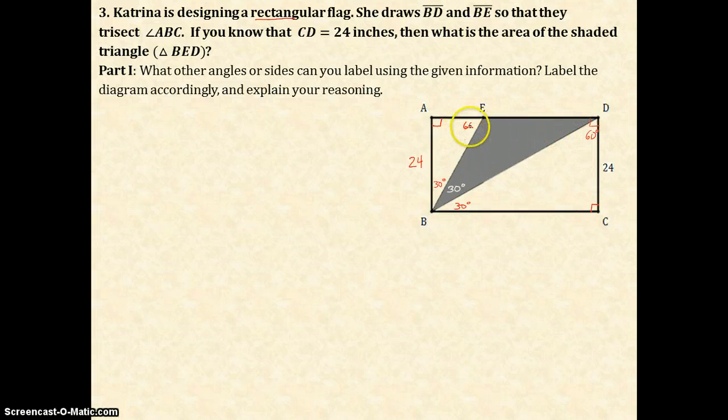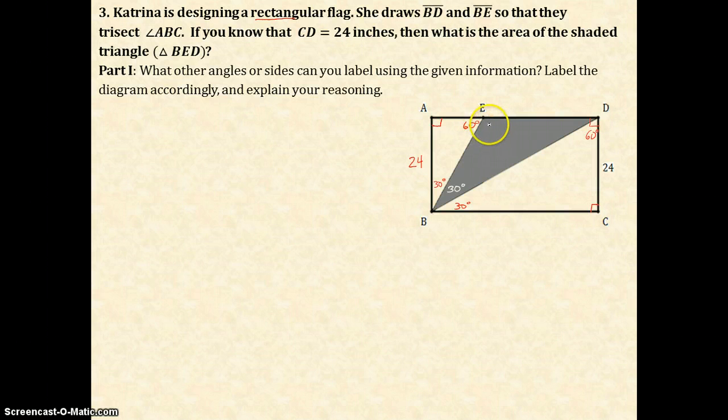And by the same reasoning, we get a 60-degree angle here. And since AD is a straight line, then angle AEB and angle BED have to add up to 180.